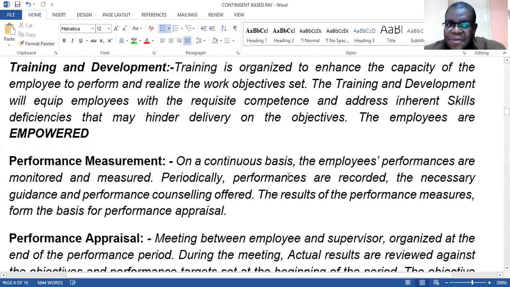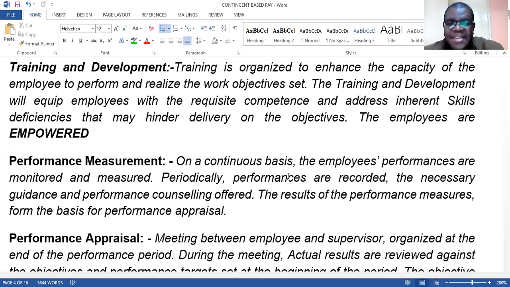Number three, we talk about training and development. You know what the employees are to do in terms of the objectives. Then you ask, are there any deficiencies in skills that you can address through training programs, so as to equip the employees with the skills and competence that they need to work towards achieving the objectives?